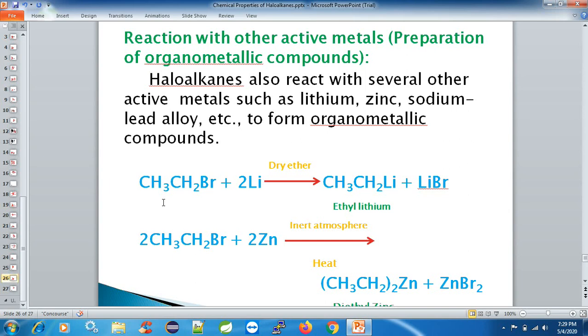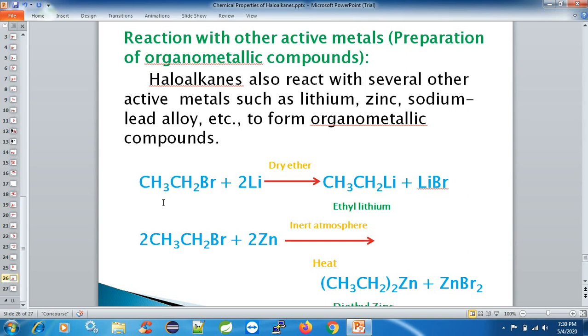You see now the example. Here ethyl bromide reacting with lithium in presence of dry ether. Ethyl lithium is formed along with the formation of lithium bromide.